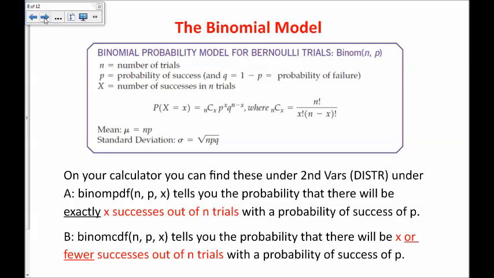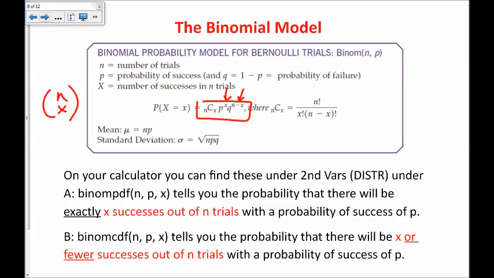Okay, so it's computed by N choose X, P to the X, Q to the N minus X. They chose to use the N choose X notation here, but you will see it written this way, N choose X, in other places. And again, N choose X is the number of orderings of X things in N things. P is you're looking for X successes, and Q failures.